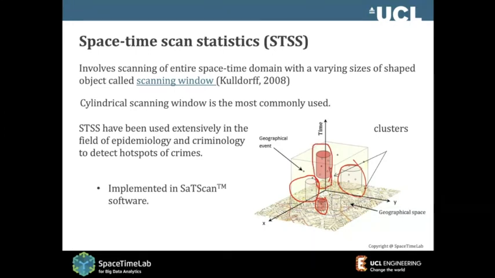So that's expanded from space and also to time. Strictly speaking, it's not a cylinder; it's a space-time cube based on the grids.